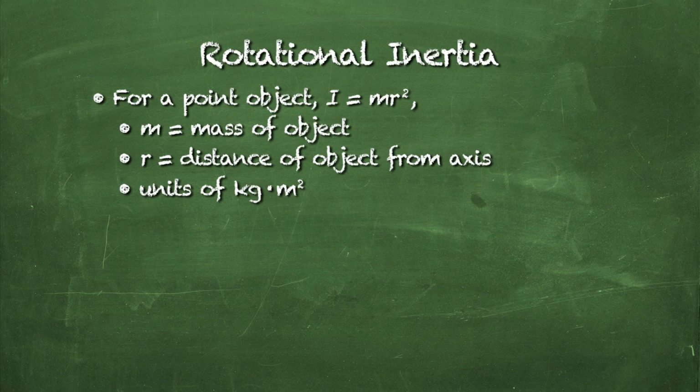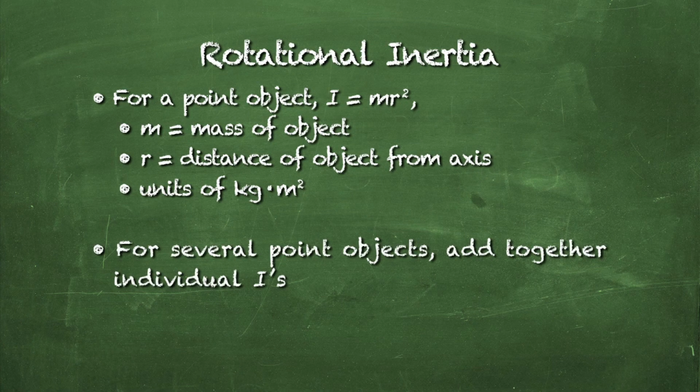So I, for rotational inertia, equals m times r squared, where m is equal to the mass of the object, and r is the distance that that object is from the axis of rotation. We can see from this equation that the units of rotational inertia must be units of mass times distance squared. So the units of rotational inertia are kilograms times meters squared.